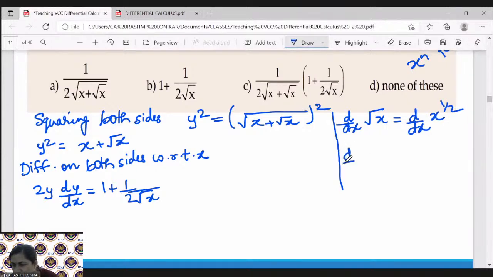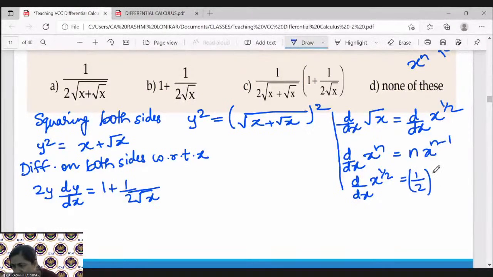Now, d by dx of x raised to n, I know the formula is n into x raised to n minus 1. Okay. So, d by dx of x raised to half, n is half here. So, 1 half into x raised to 1 half minus 1. So, this is 1 half x raised to minus half.